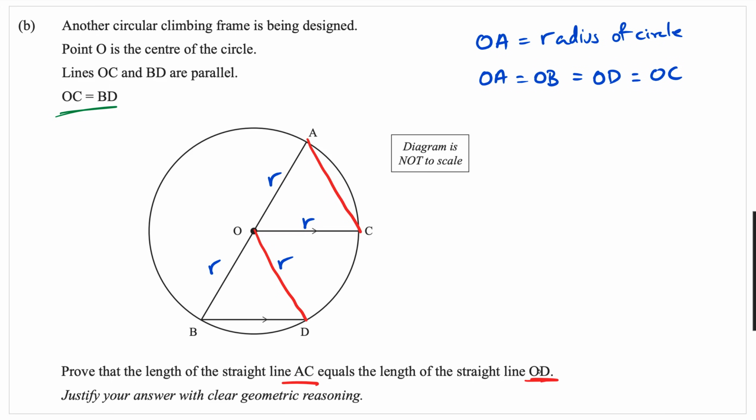And we know that OC equals BD, which means that's also the same thing, which equals R. And because of that, we can now state that the triangle ODB is an equilateral triangle.